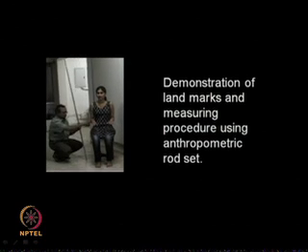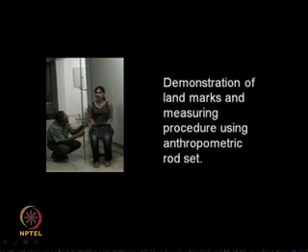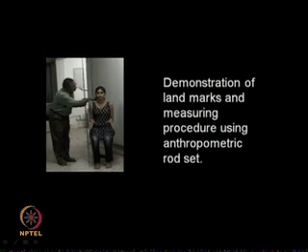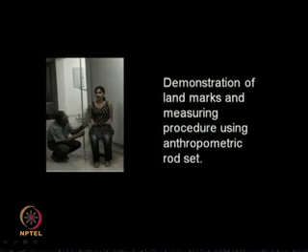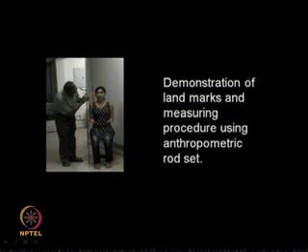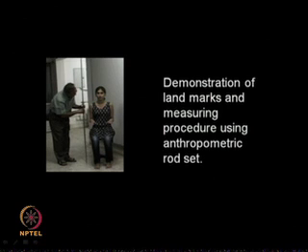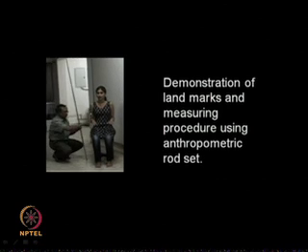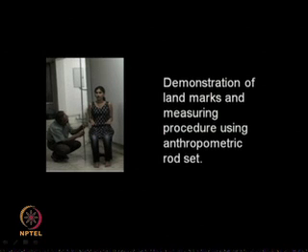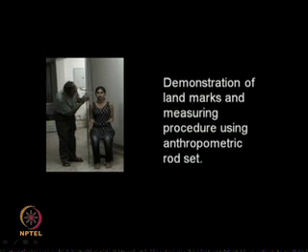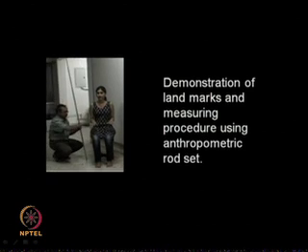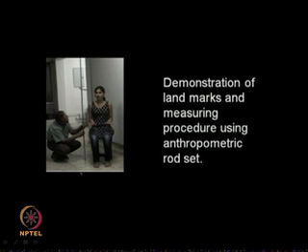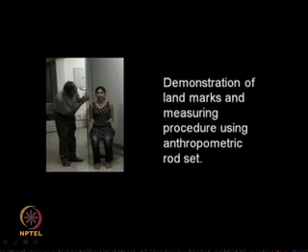As this is a demonstration video, it is demonstrated that if we do not use the base plate here, there would be a chance of bending of the rod, and the measurement may not be correct. So, specifically for measuring heights, the base piece should be used to maintain the rod in an upright position.